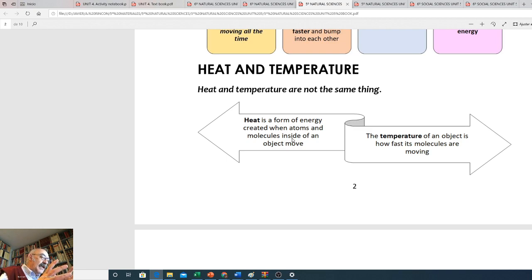So heat is a kind of energy, and the temperature of an object is how fast its molecules are moving. Okay, so if you take a shower, your molecules are moving or vibrating faster than the molecules of the water of the shower. Very good.